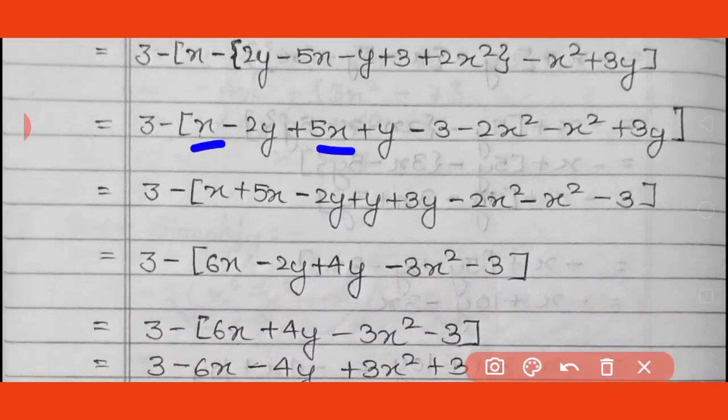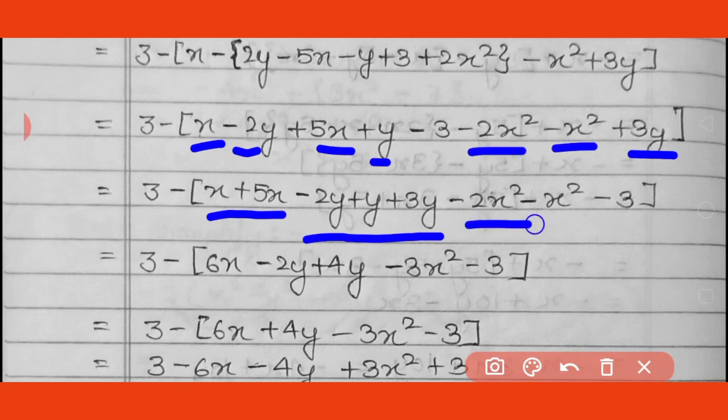Now we will put together the like terms. Is there any x here? No. So x plus 5x. Now minus 2y plus y plus 3y, and next minus 3. We will write x square first: minus 2x square and minus x square together, and minus 3.